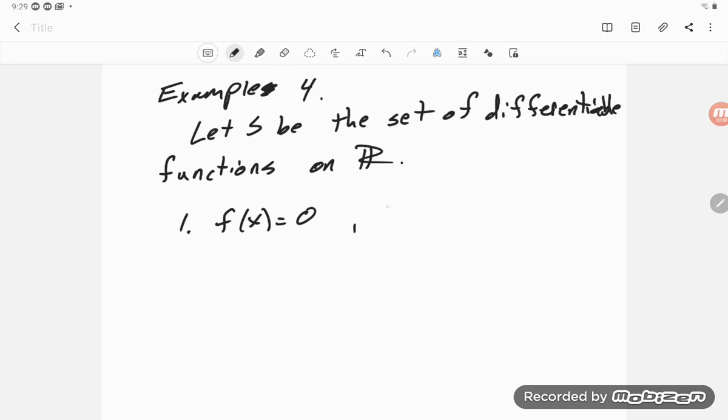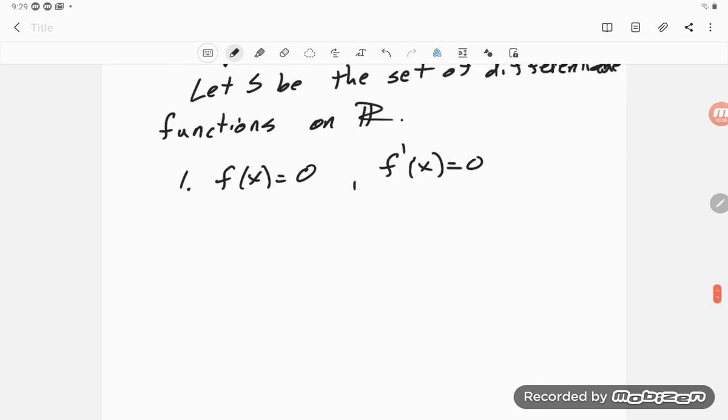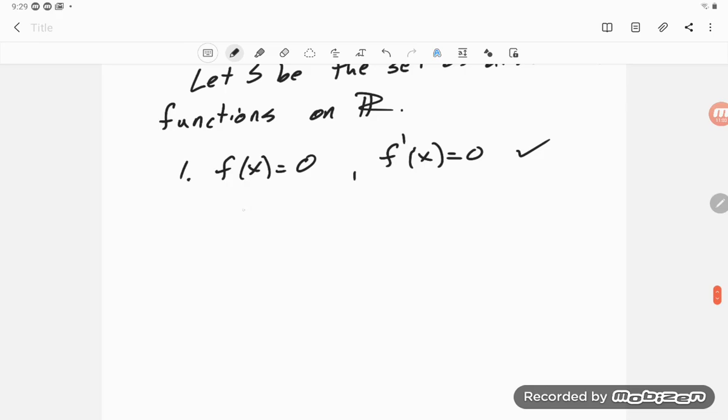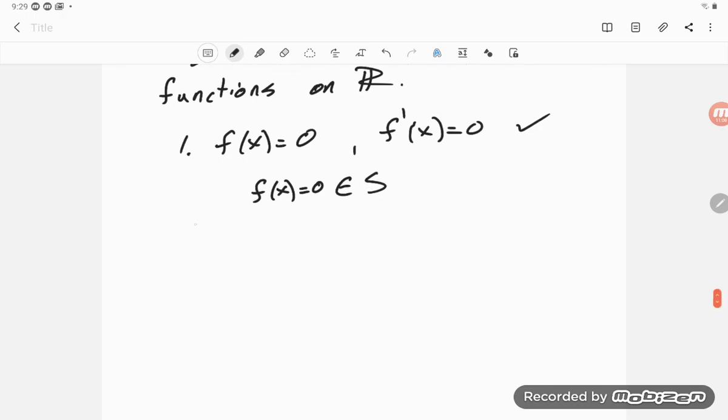Sure. f prime of x is defined, so you get 0. So check. The 0 function is in S. So, f of x equals 0 is an element of S.